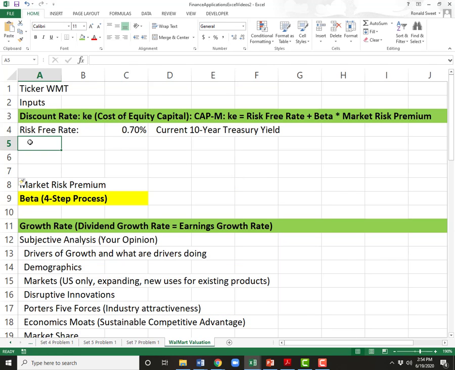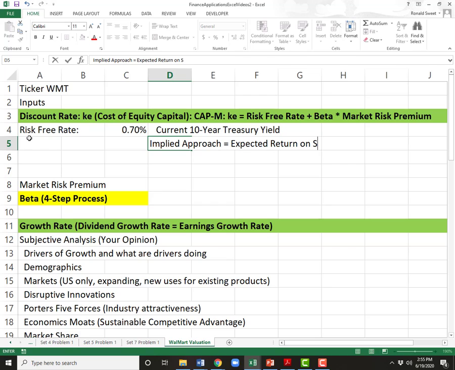So to do the market risk premium, we have to talk about what the implied approach says, and we'll talk about this in class as well and in the video, so you may have already seen some of this. It says that the expected return on stocks should equal the required return on stocks.